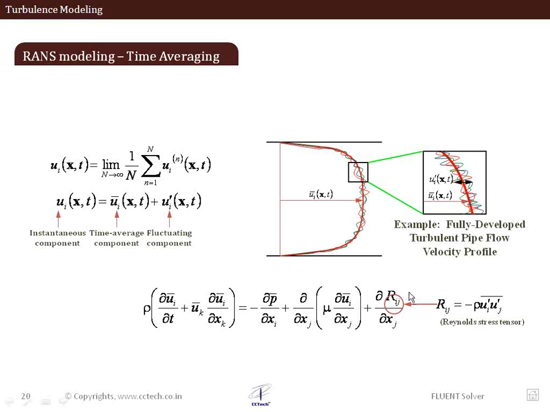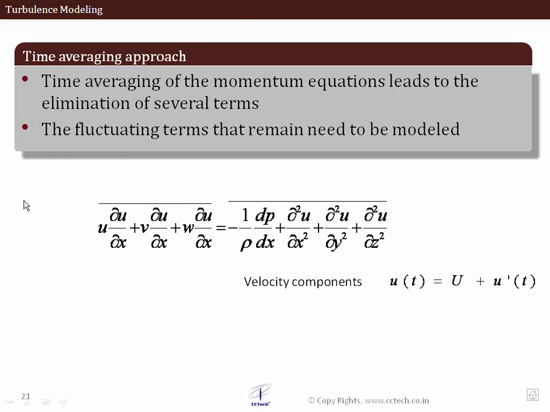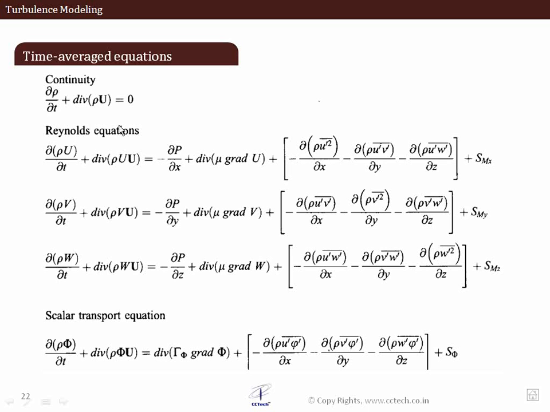We'll look at it in more detail in the coming slides. The time averaging of the momentum equations leads to the elimination of several terms. We'll see how they get eliminated, because the instantaneous velocity is expressed in terms of a time averaged velocity and the fluctuating component. The fluctuating terms that remain are the ones which need to be modeled. We are going to have a look at what exactly these are.